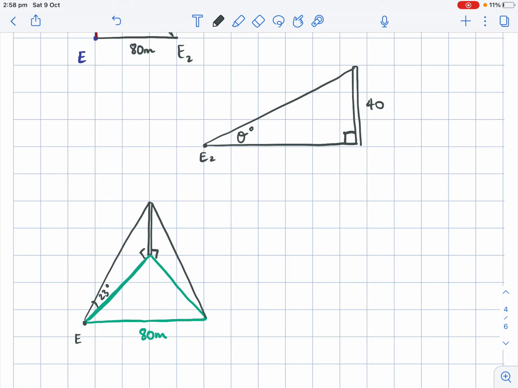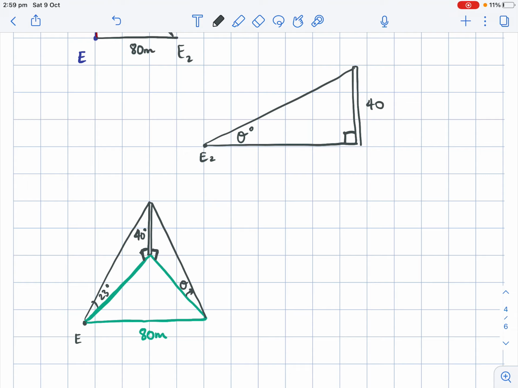And again, that green line's the ground, so the building's going to be at a right angle to the ground. So it doesn't look like a right angle, but they're actually both right angles in there. And our building's still 40 metres tall, and we want to find out this angle from the ground to a new angle of elevation. So we've actually got 3 triangles here.